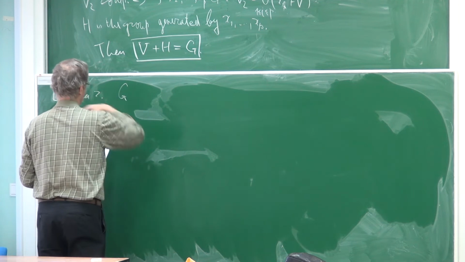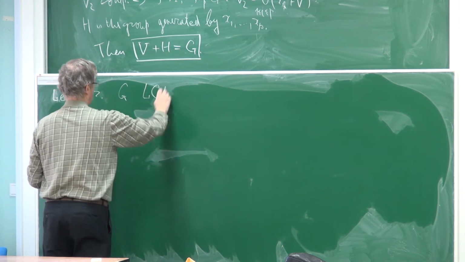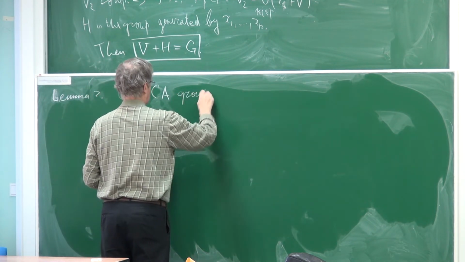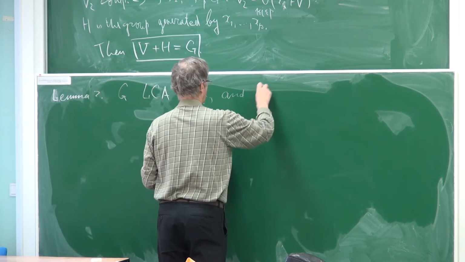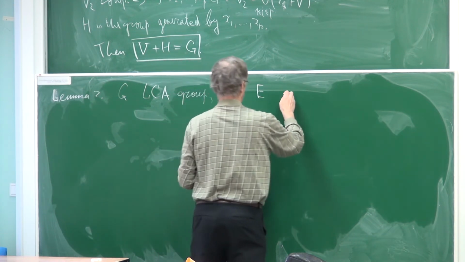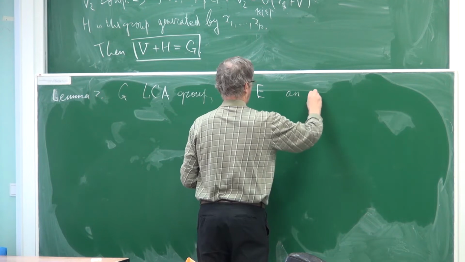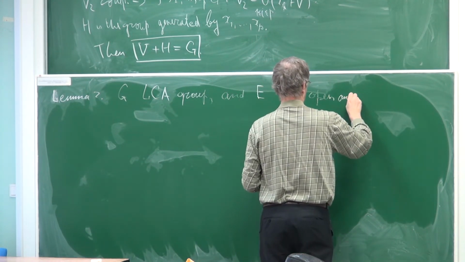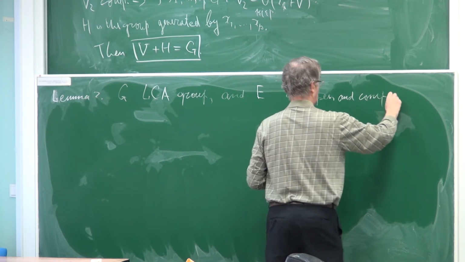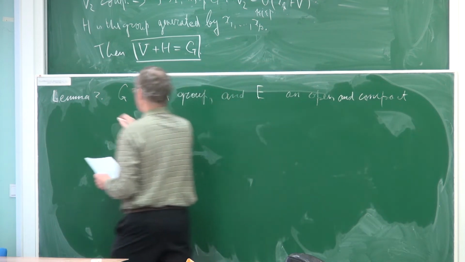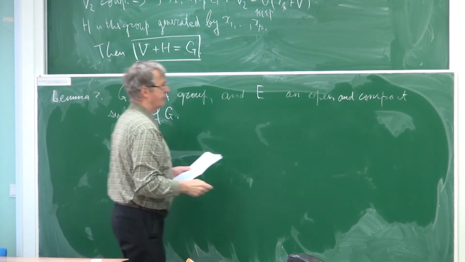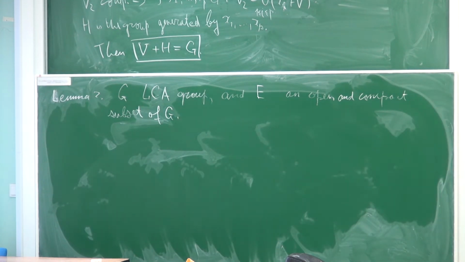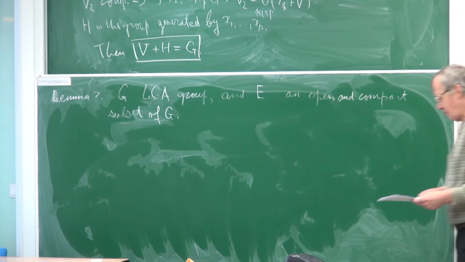Let G be a locally compact abelian group, and let E be an open and compact subset of G. This combination of properties seems to be a little bit ambiguous, but in principle this may happen.